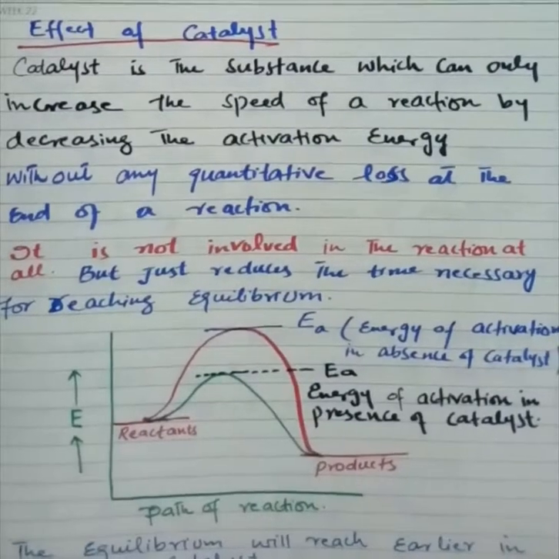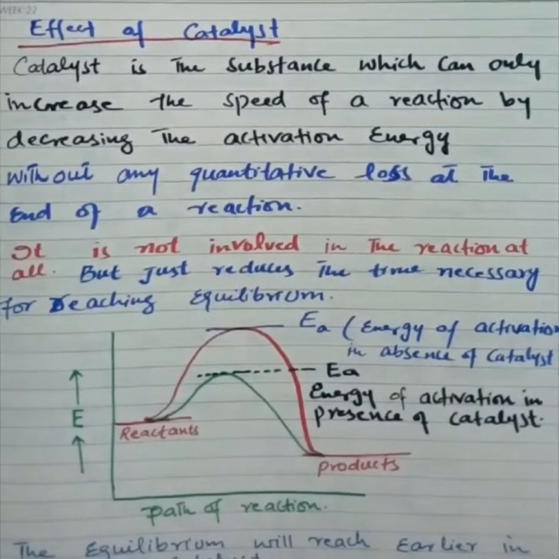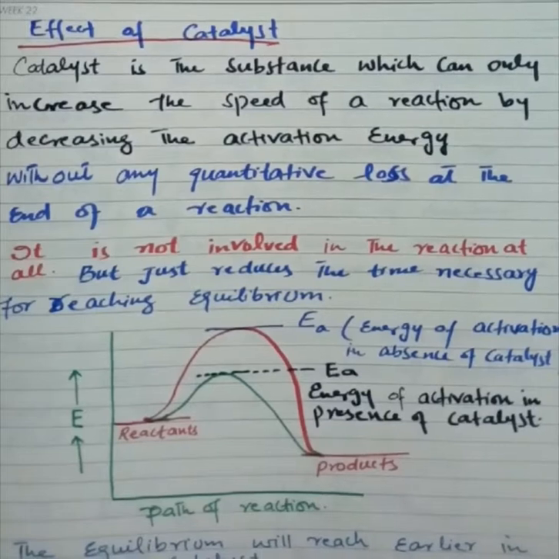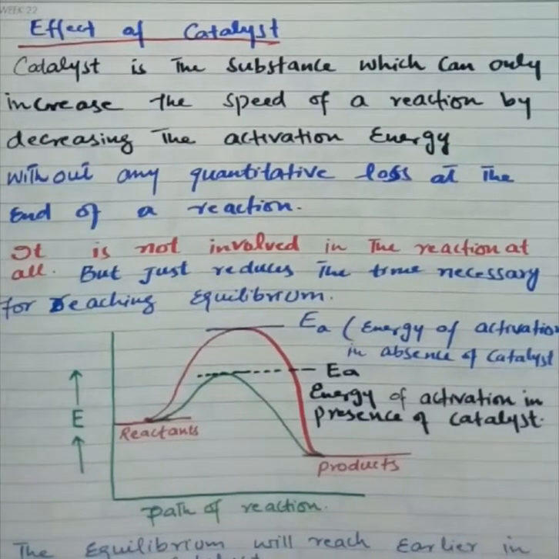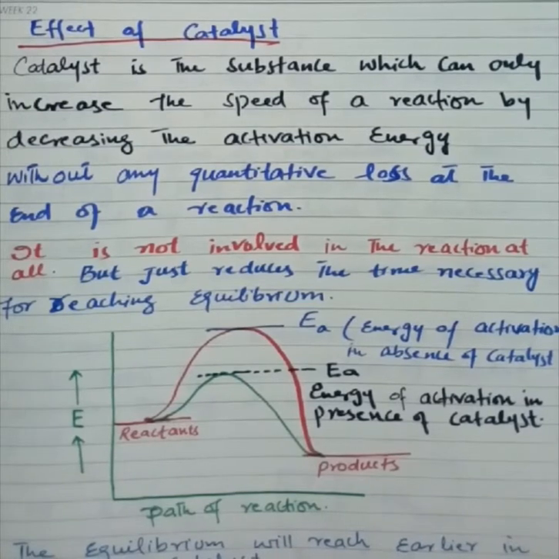Now the effect of catalyst on the equilibrium state. Remember that a catalyst has no effect on the concentration of the reactants or the concentration of the products present in the equilibrium state. It has nothing to do with the Kc value of the reaction, but it only decreases the time to reach the equilibrium state.